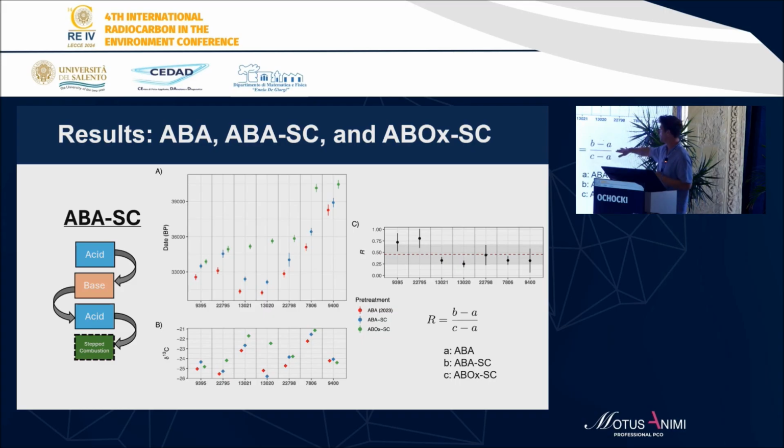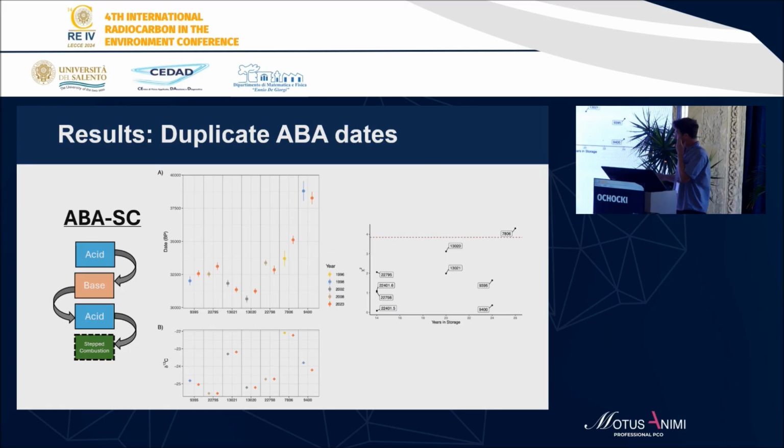And on the bottom are stable isotope values, which aren't terribly consistent, but in most cases suggest enrichment after step combustion. And as I said, there was also an opportunity to test the effect of up to 20 years in storage, or 27 years in storage.